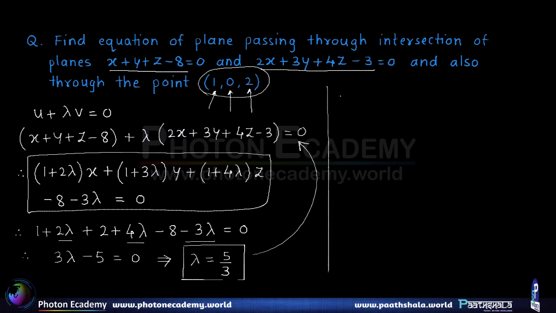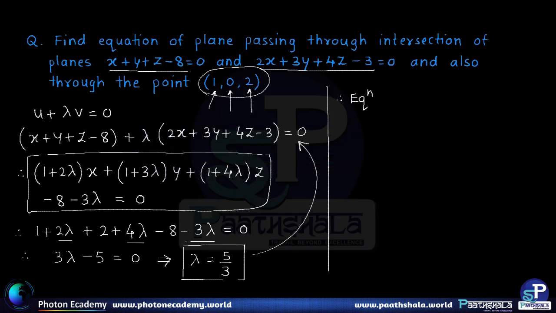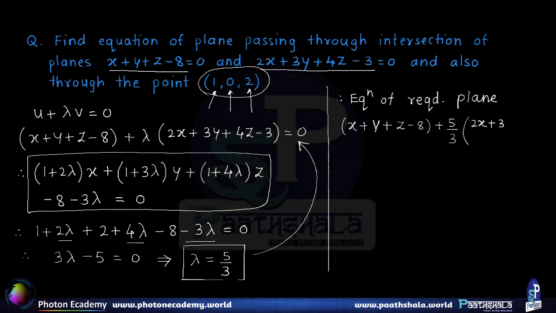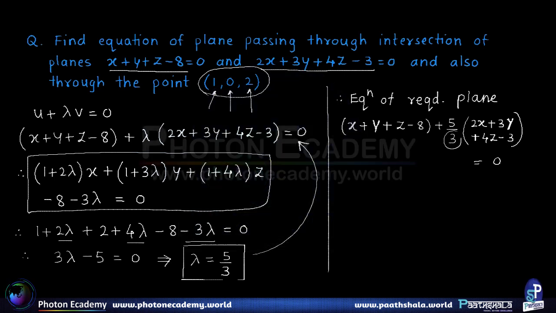So therefore we get the equation of the required plane which passes through the specific given point: x plus y plus z minus 8 plus 5 by 3 times the second, that is 2x plus 3y plus 4z minus 3, equal to 0.